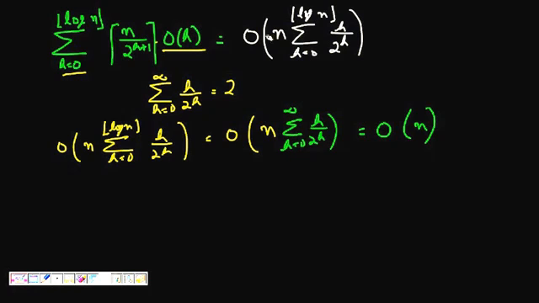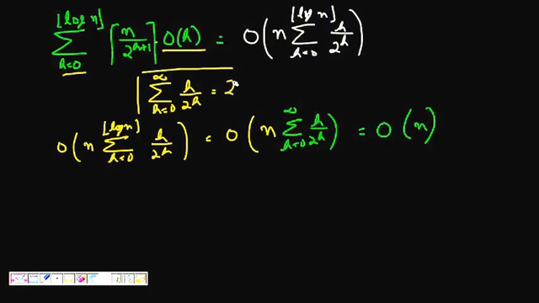We can simplify it and write O of n times the sum of h by 2 to the power of h. Now we try to simplify this summation. The sum over h equal to 0 to infinity of h by 2 to the power of h is 2.